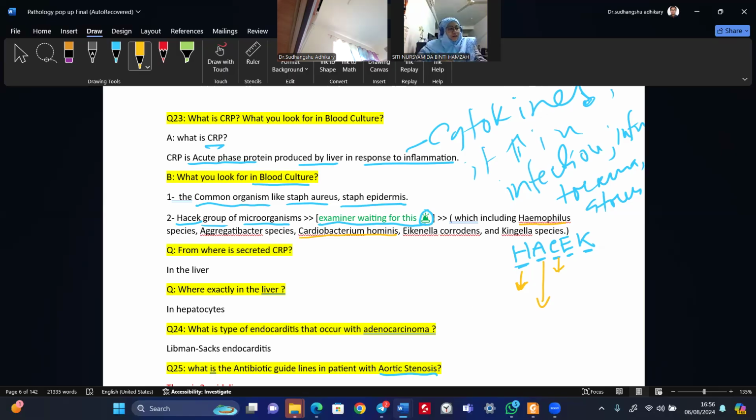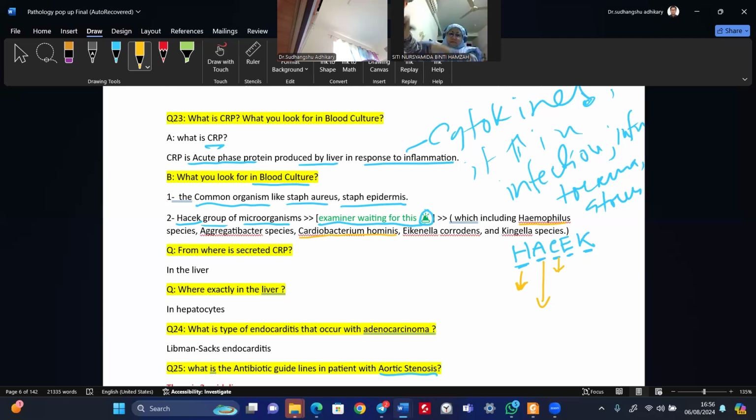So the bacteria which is related to the cardio, and their bacterium, so it is named Cardiobacterium, and they remain in the heart, so hominis.